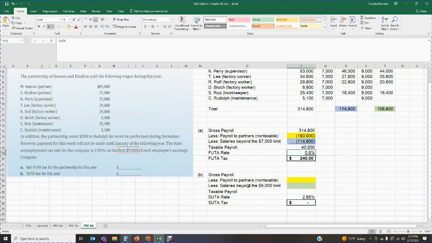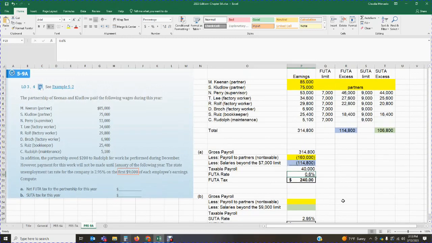Requirement B says to calculate the SUTA tax. This is a state tax, state unemployment tax. Once again, we begin with our gross payroll of $314,800. That does not change. Now for SUTA, the problem says that we pay taxes on the first $9,000 of earnings.